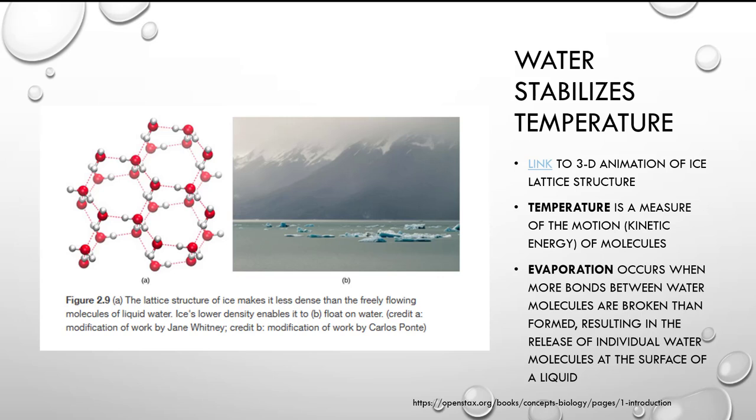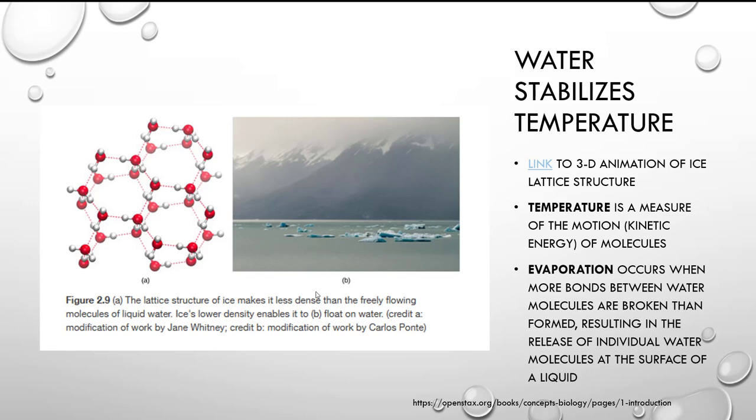And that helps a lot because if we have a lake and it freezes over, it's going to be freezing from the top going down instead of from the bottom going up. So if you're a fish in the lake, it's going to be a lot easier for you to survive if it's freezing from the top going down. If it's going from the bottom up, there's nowhere for you to go. Okay, so this is basically how water stabilizes the temperature.